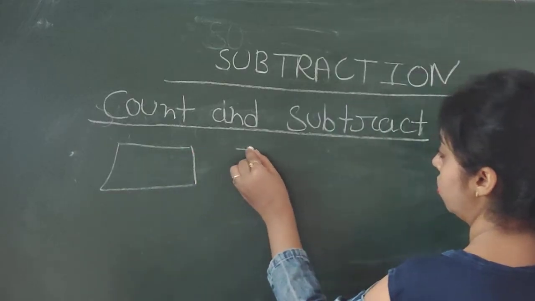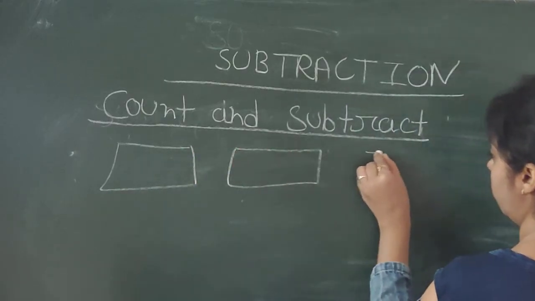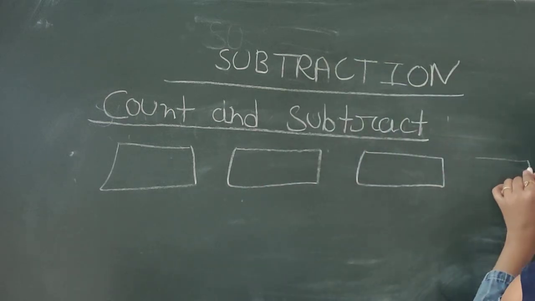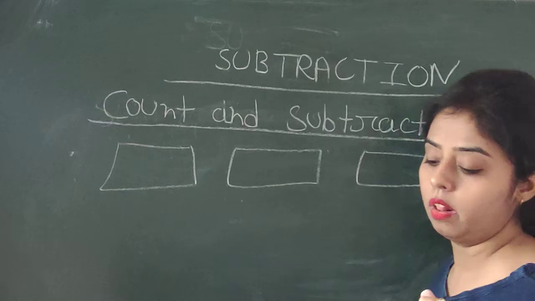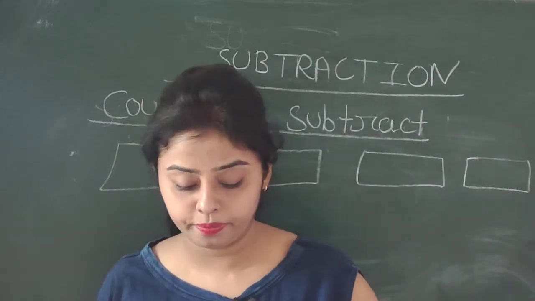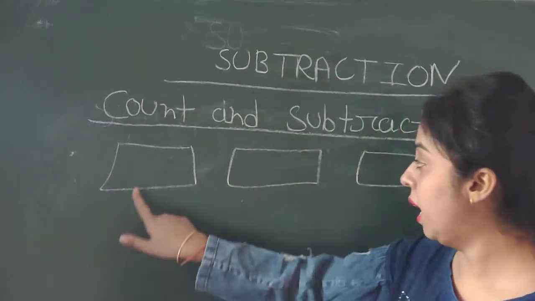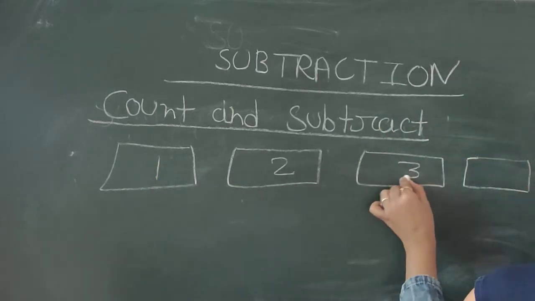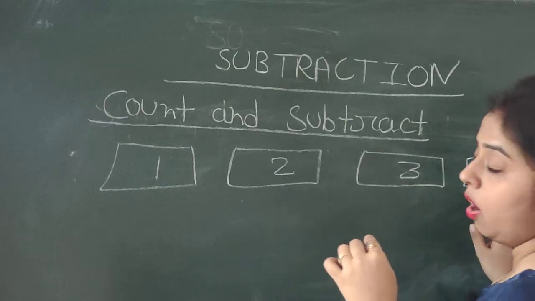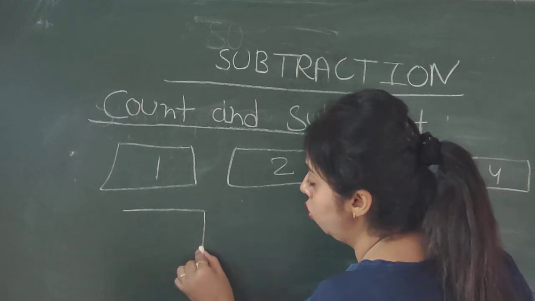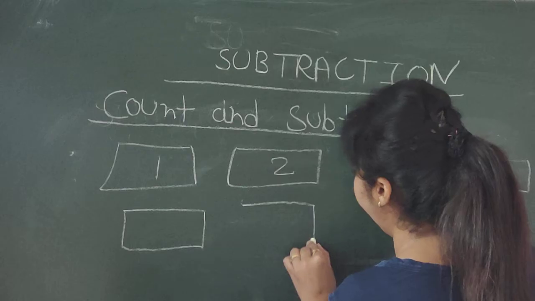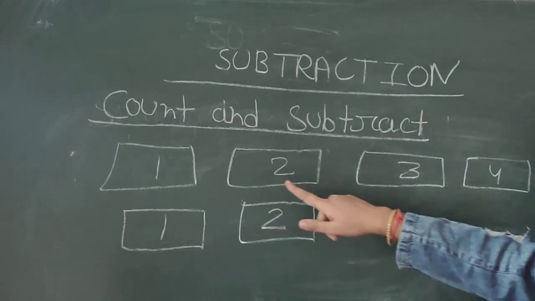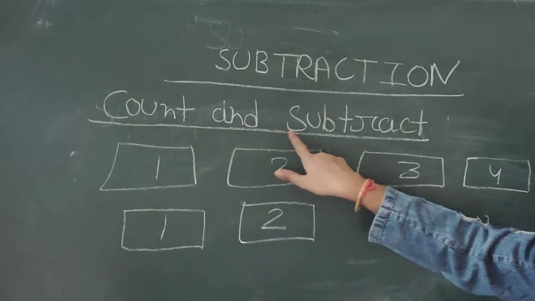One, 2, 3 and 4. आपके पास 5 बॉक्सेस हैं. 1 2 3 एंड 4 बॉक्सेस हैं. उसमें इसमें से 2 सब्ट्रैक्ट करने हैं. 1 and 2. ओके, count and subtract.